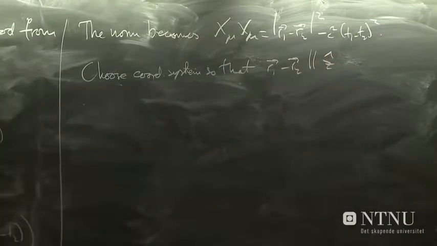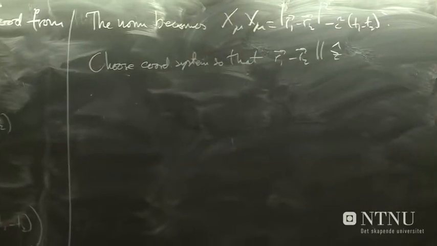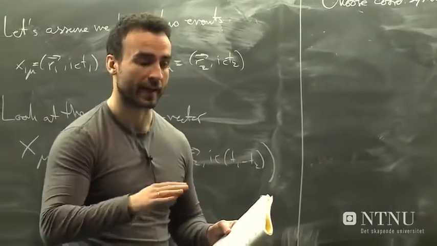Again, without any real loss of generality, we choose our coordinate system so that the difference between the position vectors of the 2 events, 1 and 2, is directed parallel with the z-axis.